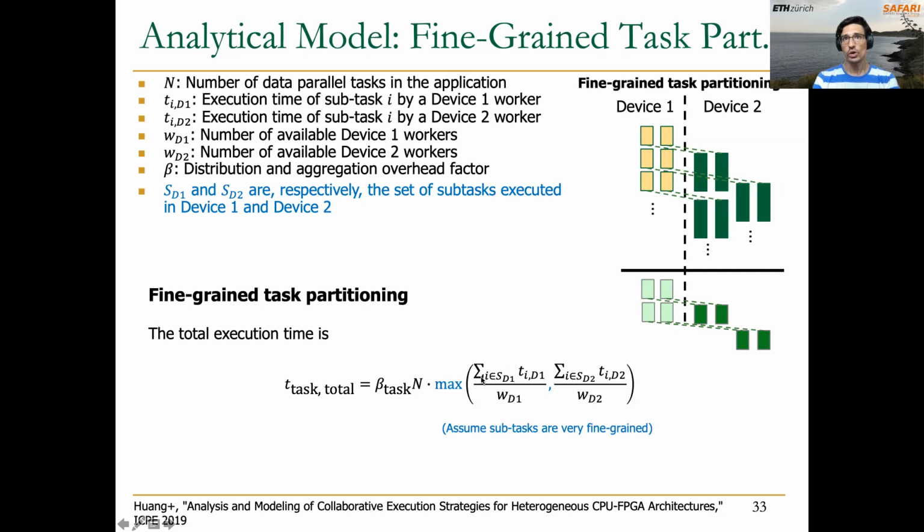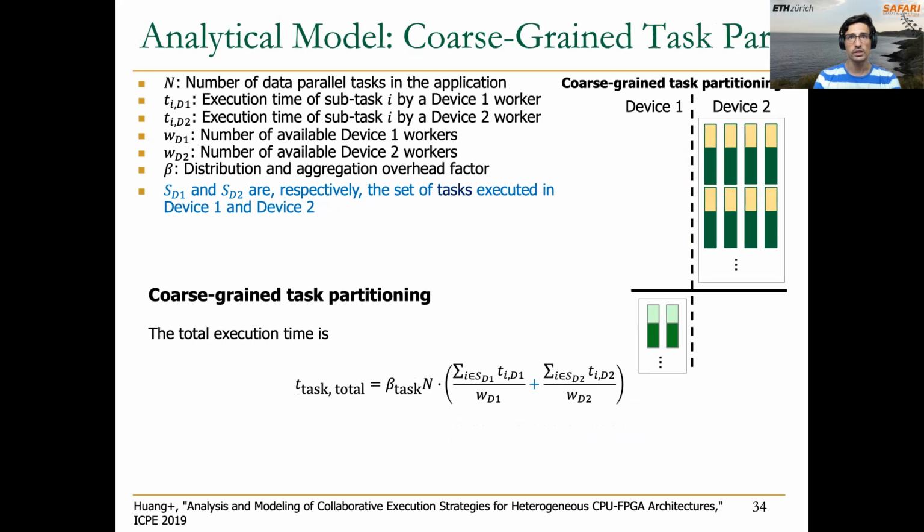So that's why you can see here that this is the sum of all latencies of all tasks executed in device 1. Same here for device 2, and we divide that by the number of workers in both devices.